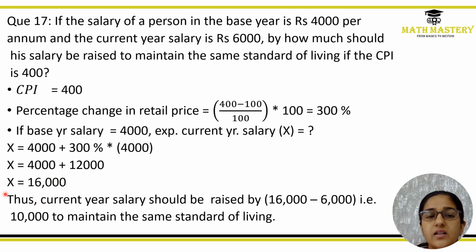So this means that the person's salary in the current year should be 16,000 to maintain the same standard of living. So if the person's current year salary is 6,000, by how much should his salary be raised? So his salary should be raised by 16,000 minus 6,000, which is 10,000, to maintain the same standard of living. So I hope this is clear.